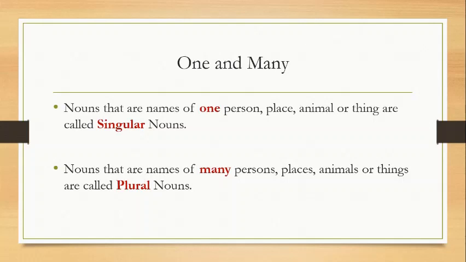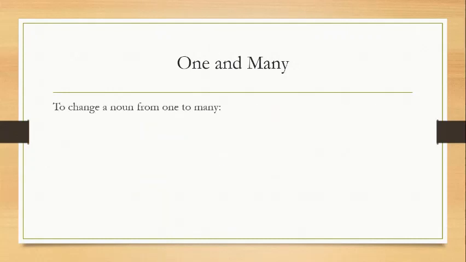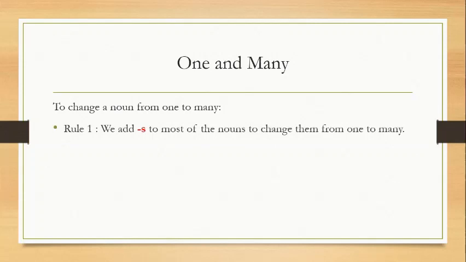Then we learnt how to change singular nouns to plural, or a noun for one to a noun for many. We learnt two rules. Rule 1, we add S to most of the nouns to change them from one to many. That means we add letter S at the end of the nouns.